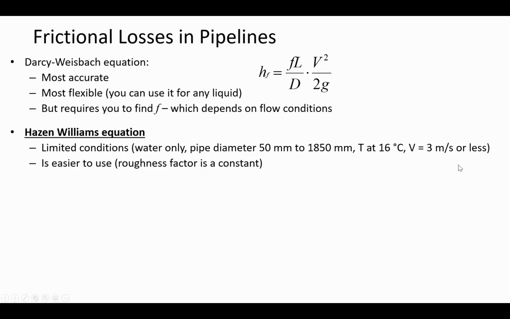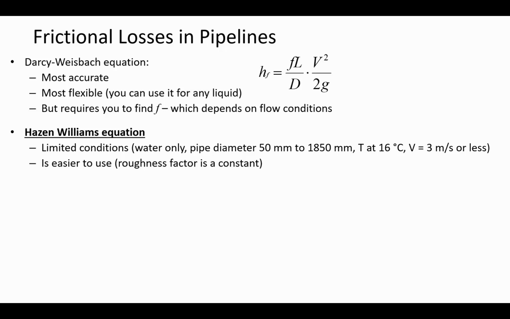And then this upper limit of 3 meters per second, that's pretty fast. Certainly there are water networks out there where the water is flowing at more than that, but they're probably not very often is the flow that high. And the reason is that if you have water flowing through a pipe that fast, then you're going to be experiencing a lot of energy loss.